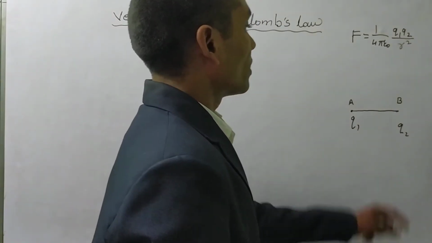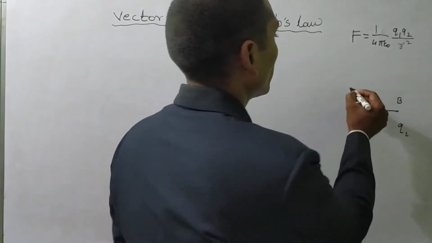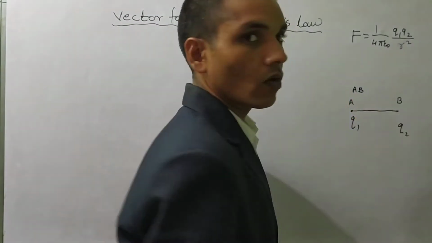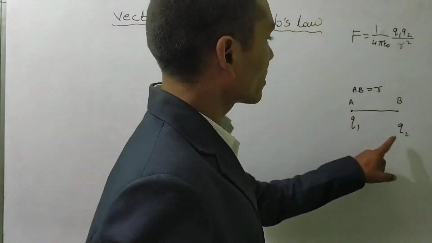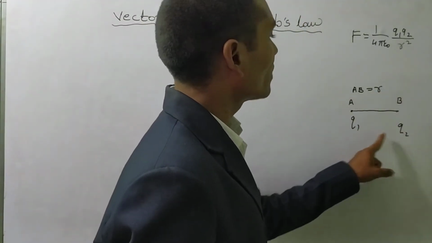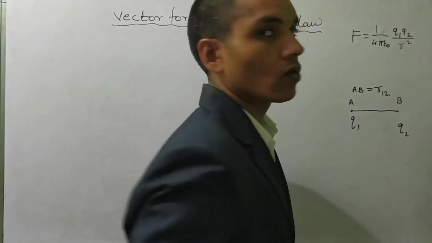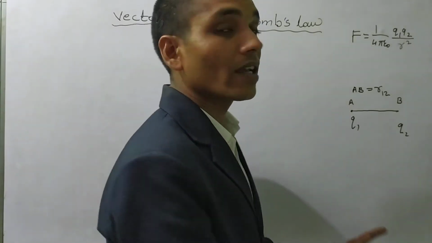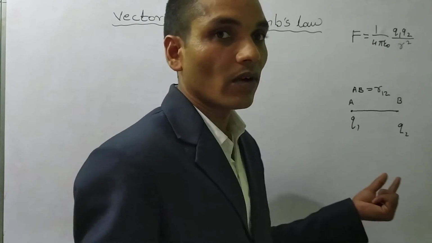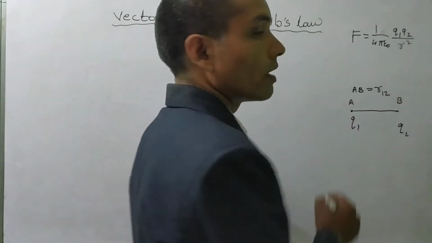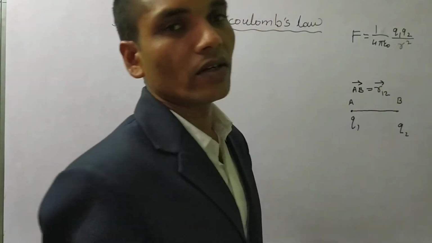The distance of the second point charge Q2 from Q1 will be AB, and let this be equal to r. This distance is measured from Q1 to Q2, that's why this will be r12. This is the position of Q2 with respect to Q1. Now the position vector will be vector AB or vector r12.